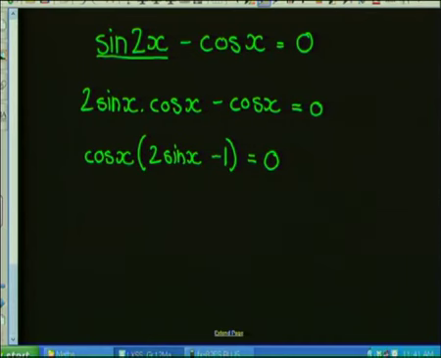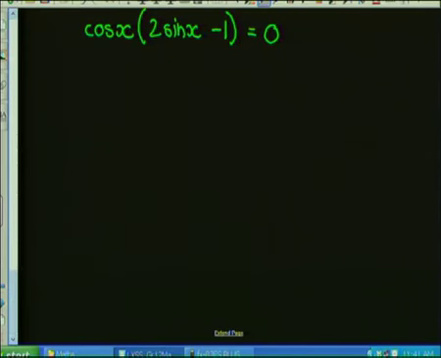And if you recall from grade 11 when we learned how to do our quadratic equations, the product is equal to 0. So this allows us to say cos x must be equal to 0, or 2 sine x minus 1 must be equal to 0. And we can now work from here and begin solving.